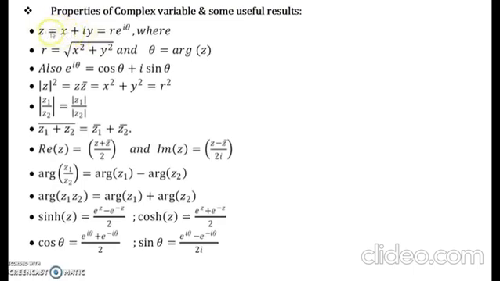Now we are discussing some basic properties of complex variables and some useful results. Z equal to x plus iy, which is nothing but r into e power i theta in polar form, where r is equal to square root of x square plus y square and theta is equal to argument of z. Also e power i theta we know very well is cos theta plus i sin theta.